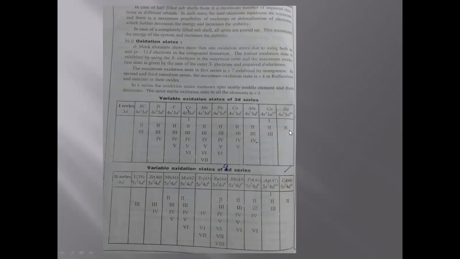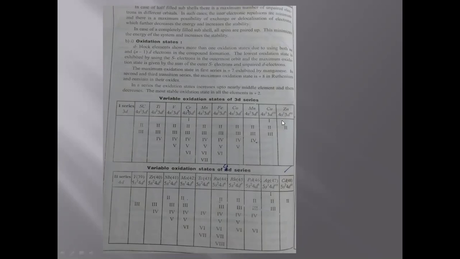When zinc is in +2 state, the 2 electrons will be removed from 4s orbital. How many electrons are there in 4s orbital? There are 2 only.